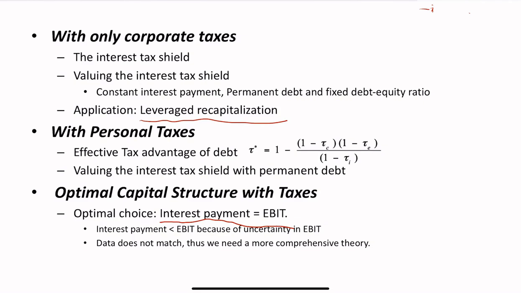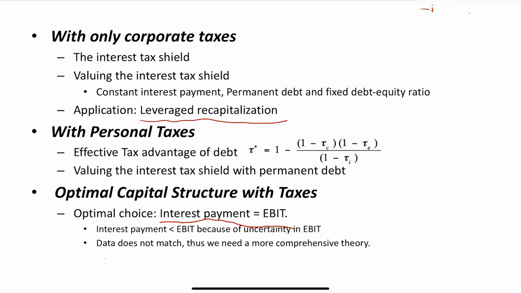So this is obviously the very ideal case. Because of uncertainty in the EBIT, generally you will want to make sure the interest payment is smaller compared with EBIT. And then we examine the data, right? We want to see whether data is consistent with our result. And we find out it is not consistent.